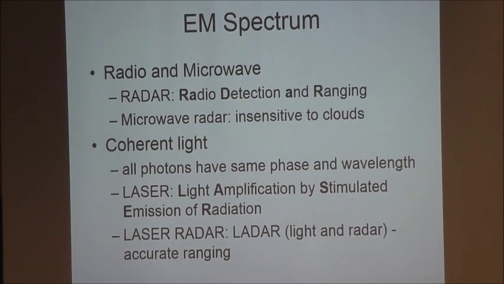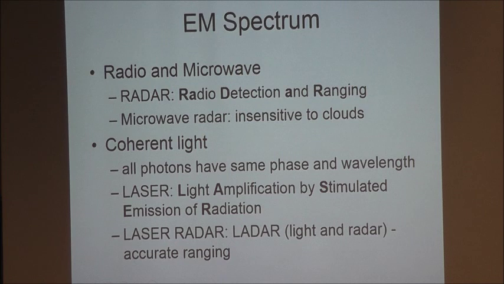Unlike many other vision type of things, cloud is not going to affect them. You have coherent light. You have, for example, laser, which, as you may already know, stands for light amplification by stimulated emission of radiation. That means laser. Okay. And all photons have the same phase and wavelength in coherent light.